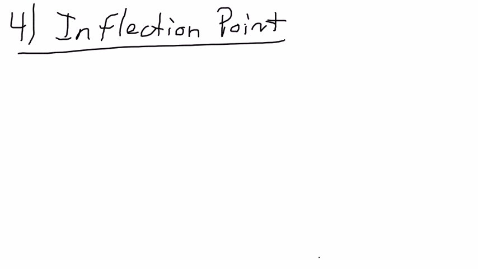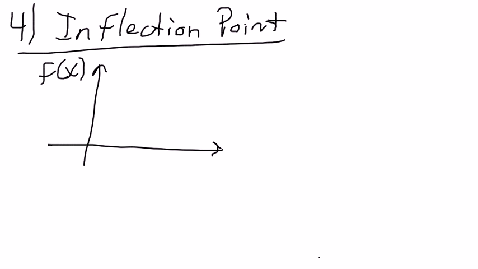The next point is going to be about inflection points. So, the idea of what an inflection point is: when you have a function that has both parts that are concave up and concave down. So just give me a sec here, I'll draw this out. And so you have a part that's concave down, concave up.